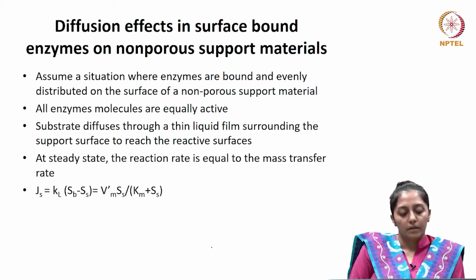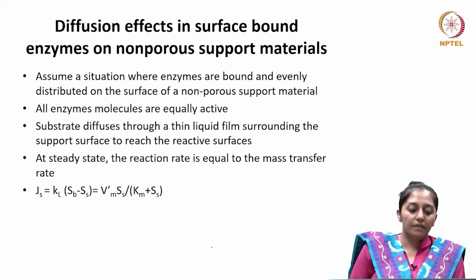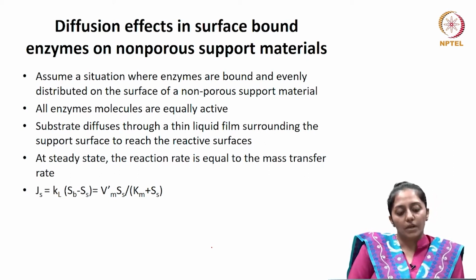Again, the mass transfer rate can be given as the mass transfer coefficient multiplied by the concentration difference between the surface and some distance away. If it is an immobilized enzyme system, let us assume it follows Michaelis-Menten kinetics. So, this should be equal to the rate of reaction.